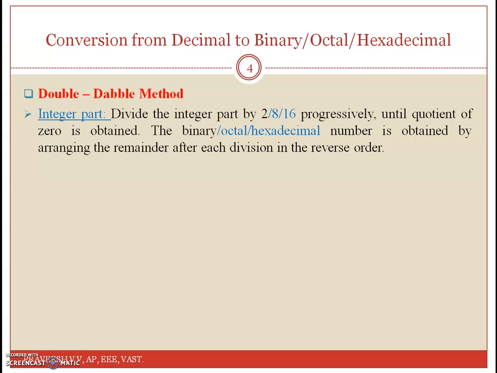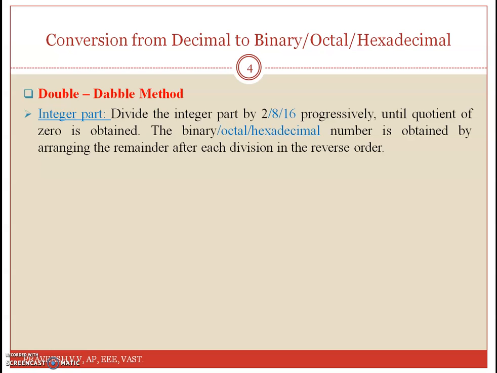In the case of the integer part, divide the integer part progressively by 2 until a quotient of 0 is obtained. That is, continue dividing the given integer part by 2 in the case of binary conversion, and if you are converting into octal, divide continuously by 8, and for hexadecimal, divide continuously by 16, until you get 0 as the quotient.